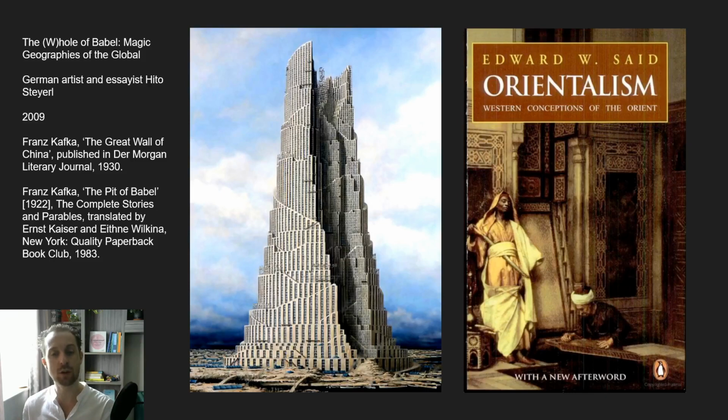And the position of the universal other, for those of you who are interested, is theorized by Edward Said in his 1978 book Orientalism. And the universal other usually refers to the European projection of difference onto people from North Africa, the Middle East, or Asia.